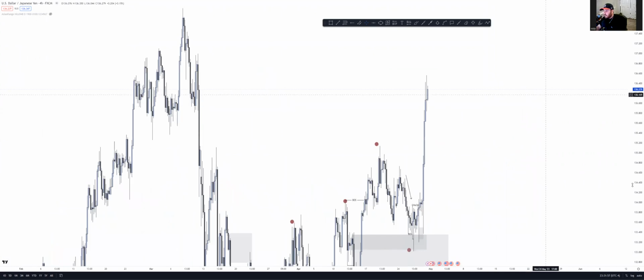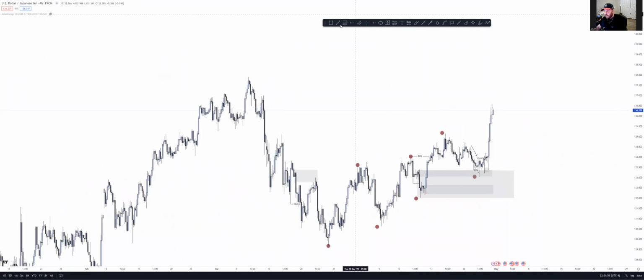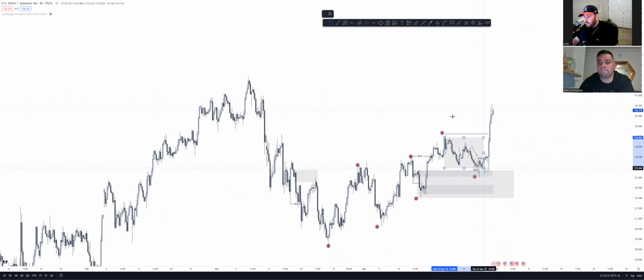Every single time we're going to break a major high, price has to do it with a lot of momentum because this is a strong structural high. So for price to break through it, it needs a lot of force.